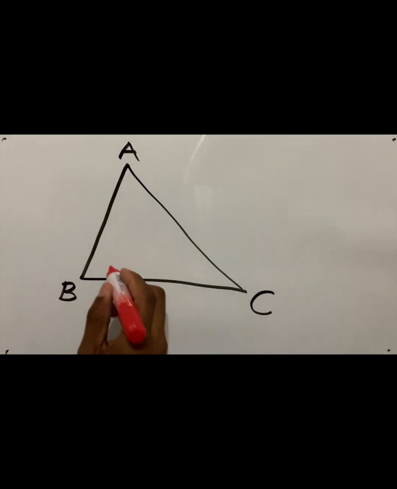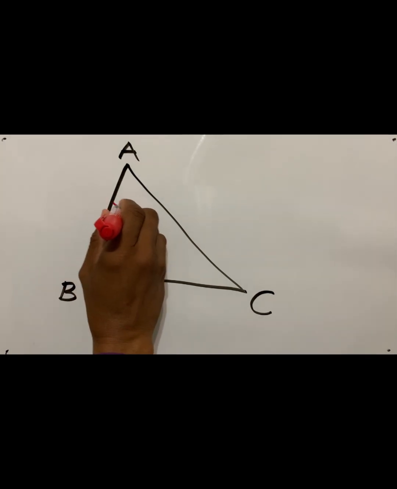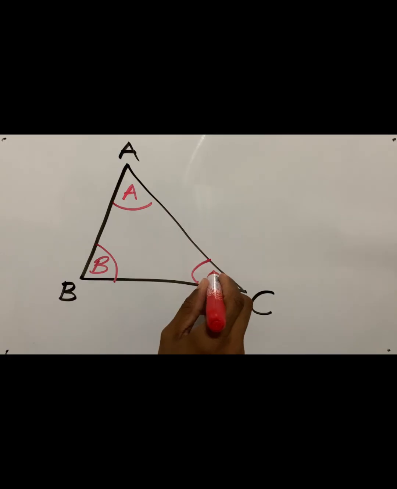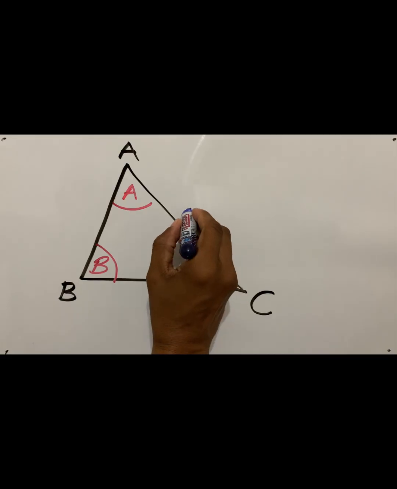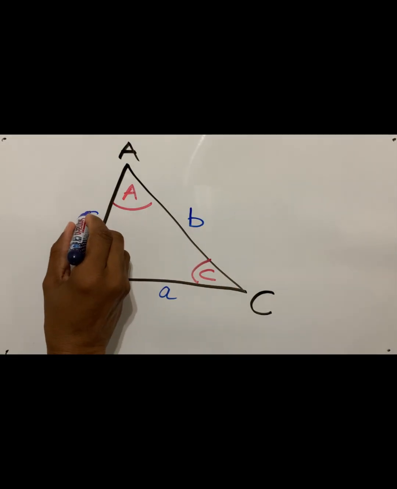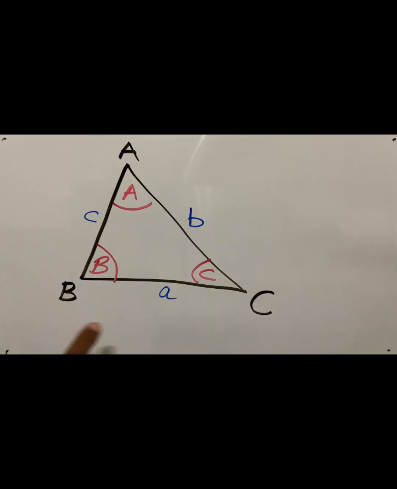And right here, let's call this angle B, call this angle A, and of course we have angle C. And we have the lengths of the sides as b, a, c. This is a typical notation of a triangle.